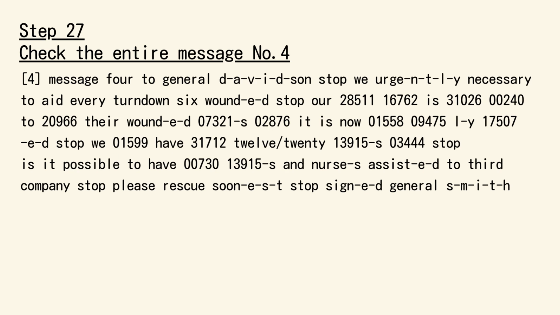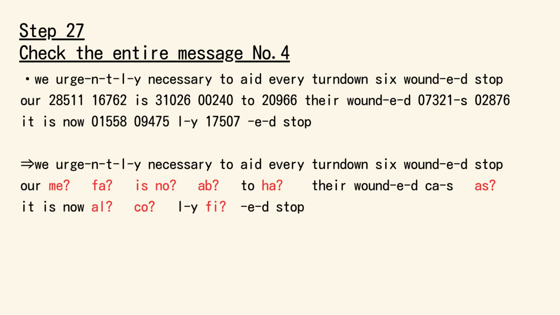Step 27. Check the entire message number 4. Please pause the video if necessary. "We urgently necessary to aid every turndown 6 wounded stop. Army FA is no up to ha.